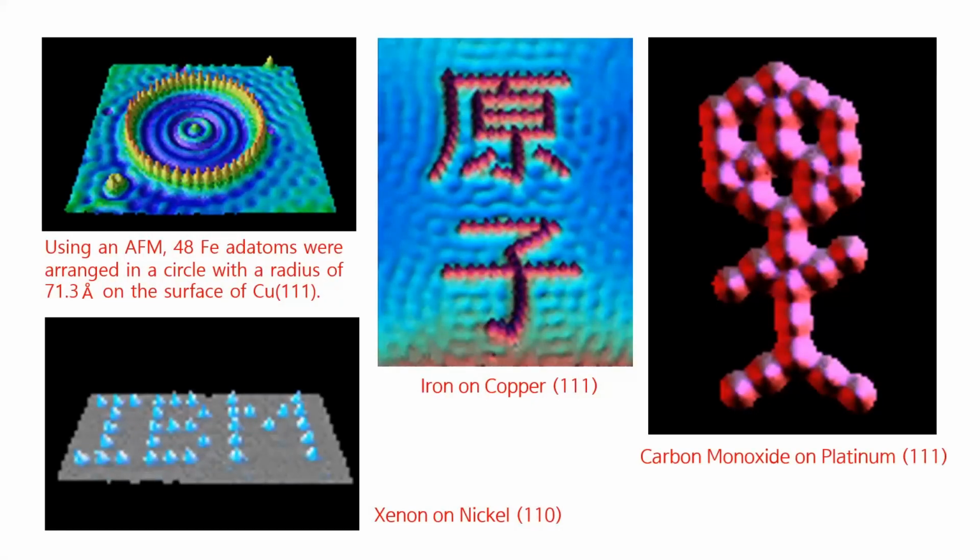This slide shows some example of the image of STM. The tip of probe in STM is very sharp, less than angstrom in diameter, so we can pick up the atoms by using that STM and move them and rearrange the atoms.